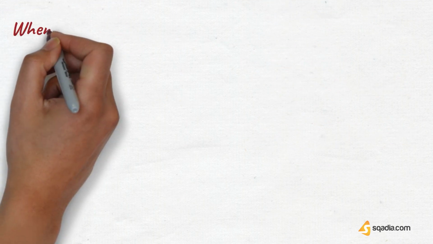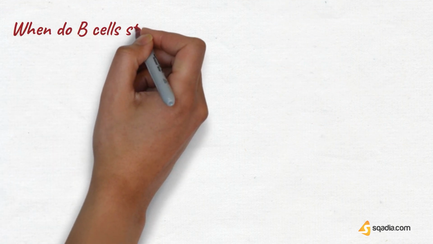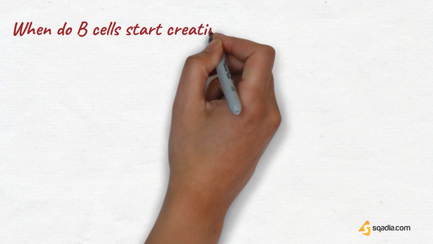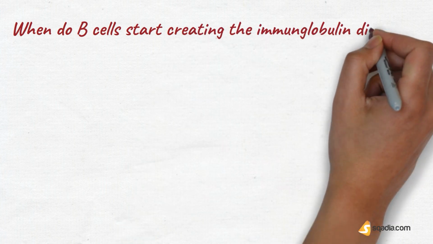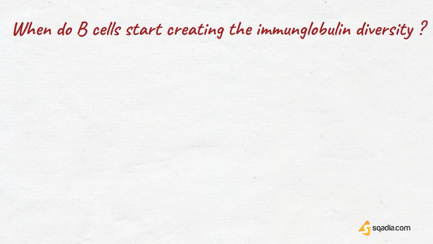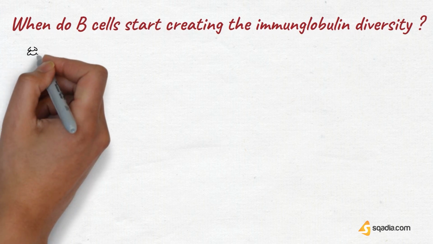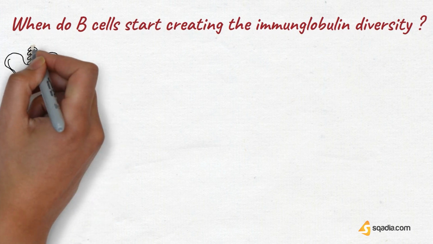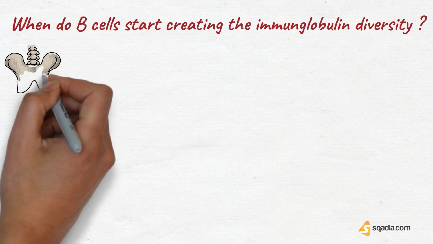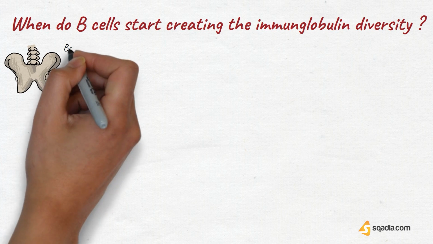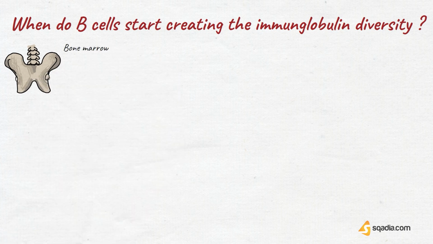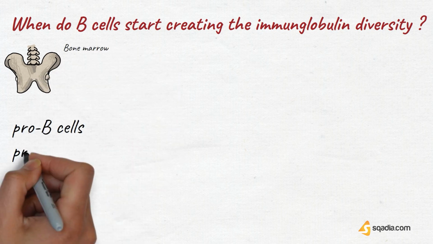Okay, so when do the B cells start creating this immunoglobulin diversity? Well, the recombination of gene segments of the variable region of antibodies starts very early. It starts even at the stage of the bone marrow. Remember, in the bone marrow we have very young B cells at the stage of the pro-B cell and at the stage of the pre-B cell.